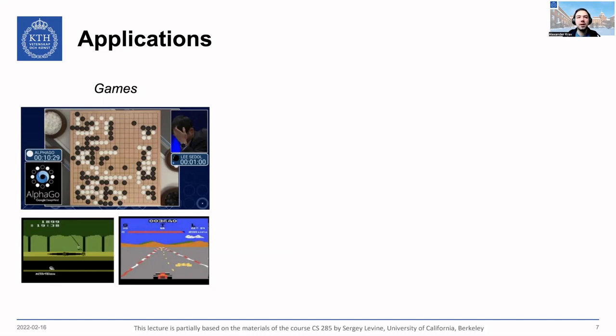But it's very important to understand that it's not just games in the most common sense of the word that reinforcement learning can solve. If you look at game theory, for example, you will see that the actual mathematical formalism in game theory is very much generalizable, not only to games with rules, but to quite many situations.